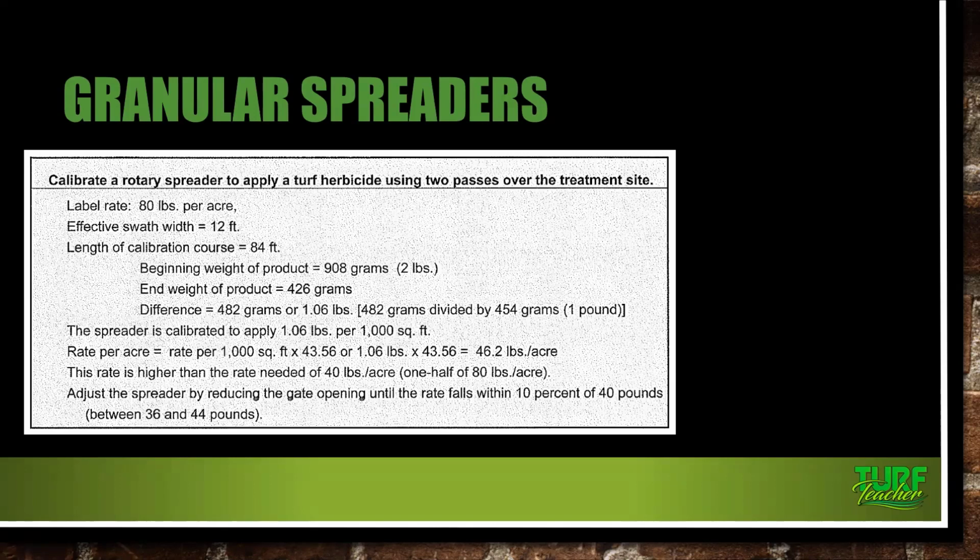This rate is higher than the rate needed of 40 pounds per acre, 1/2 of 80 pounds per acre. So adjust the spreader by reducing the gate opening until the rate falls within 10% of 40 pounds, which is between 36 and 44. We were just a little bit too high there. We're actually 2.2 pounds higher than needed.